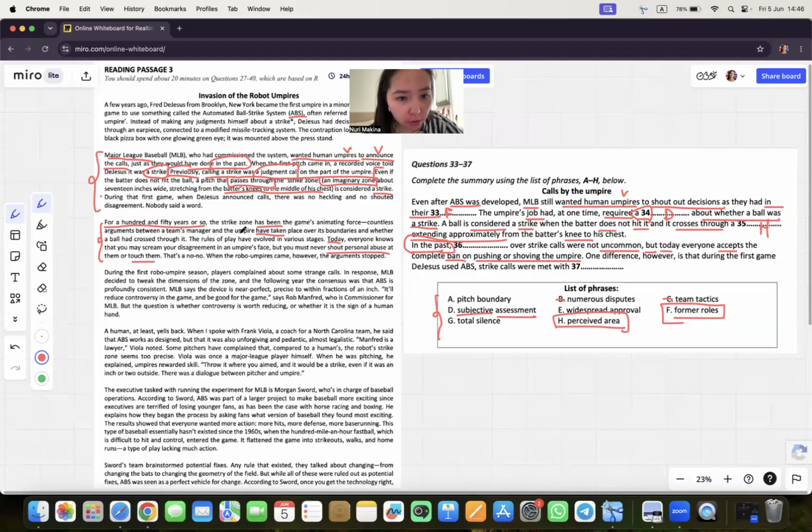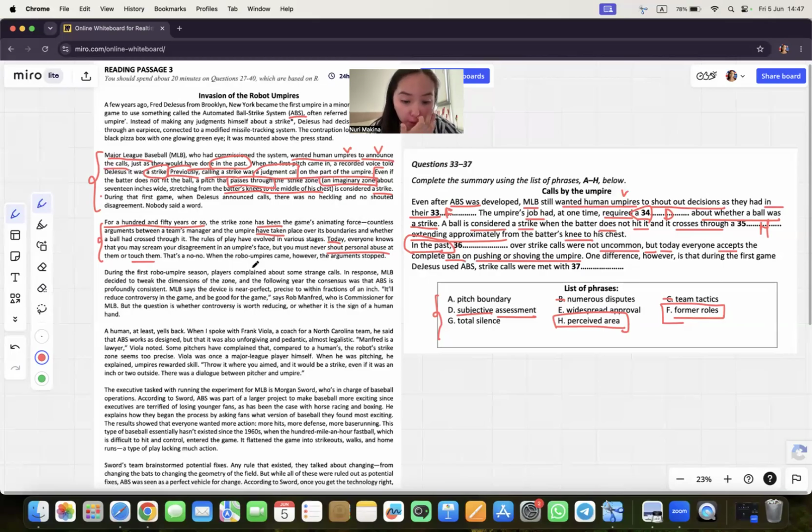Countless arguments between team's manager and umpire have taken place over its boundaries and whether a ball had crossed through it. The rules have evolved in various stages. No, may scream your disagreement. So, countless arguments, right? Game's animating force, countless arguments between the team's manager and the umpire have taken place over its boundaries and whether a ball had crossed through it.